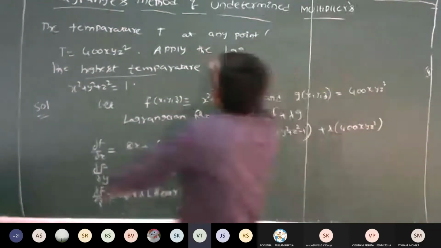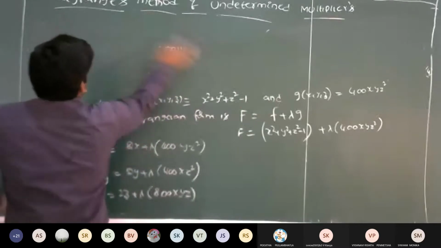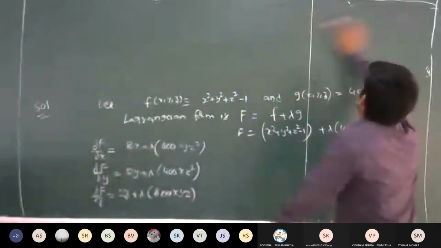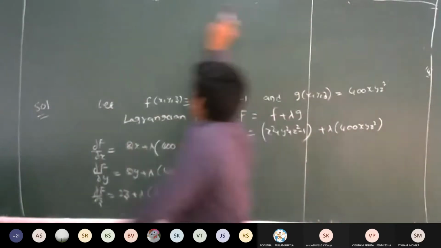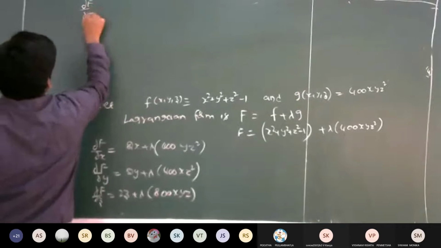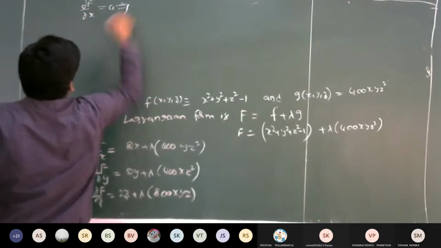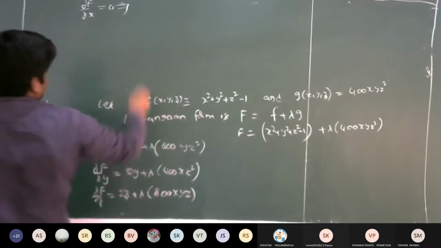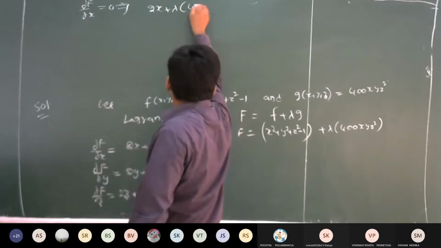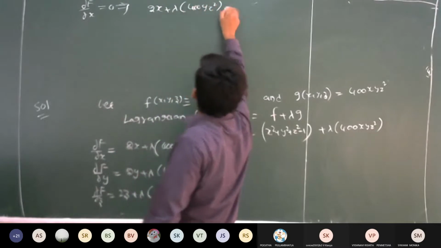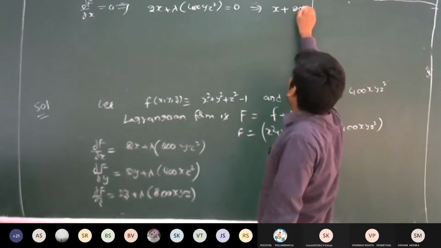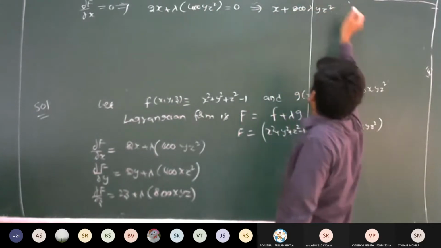Equating the first order partial derivatives to 0. You will get three equations. So ∂f/∂x is equal to 0, which implies 2x plus lambda into 400 y z square is equal to 0, which implies x plus 200 lambda y z square.